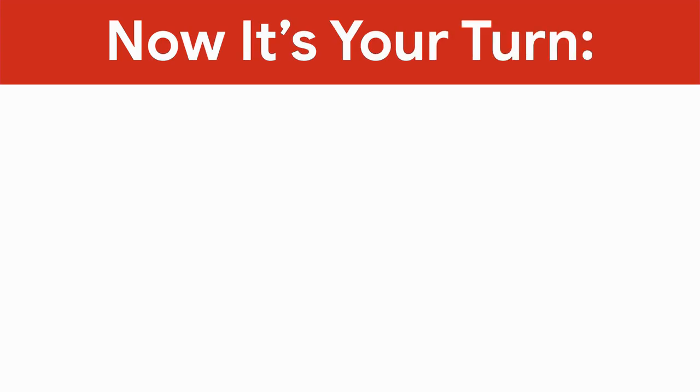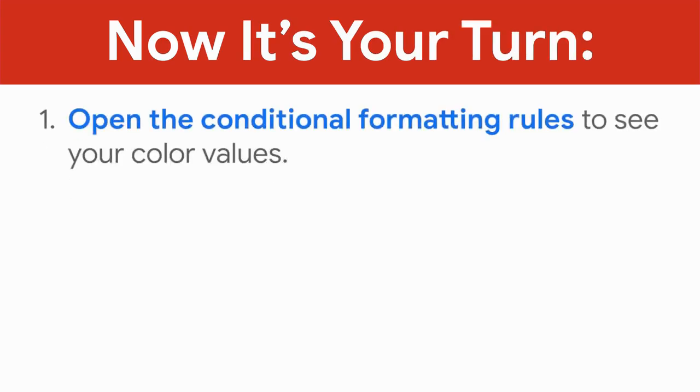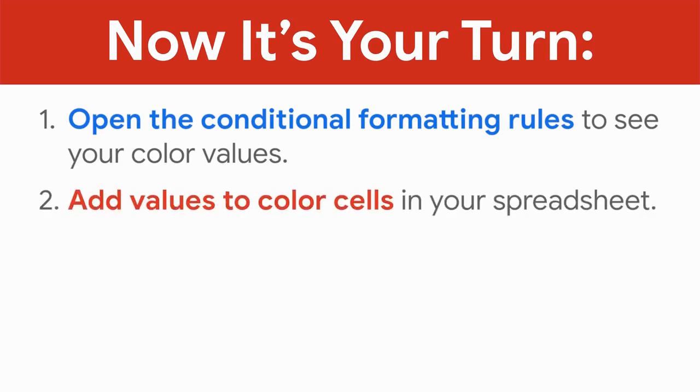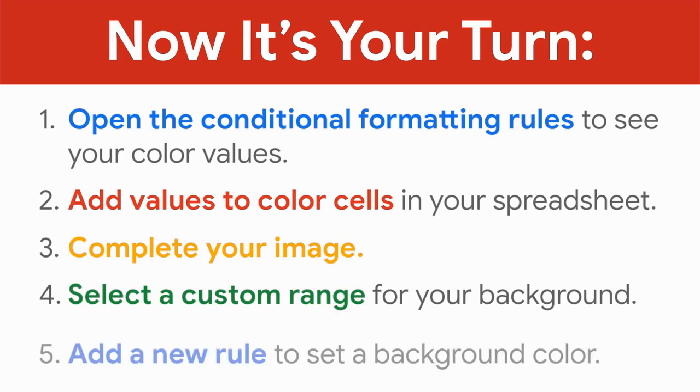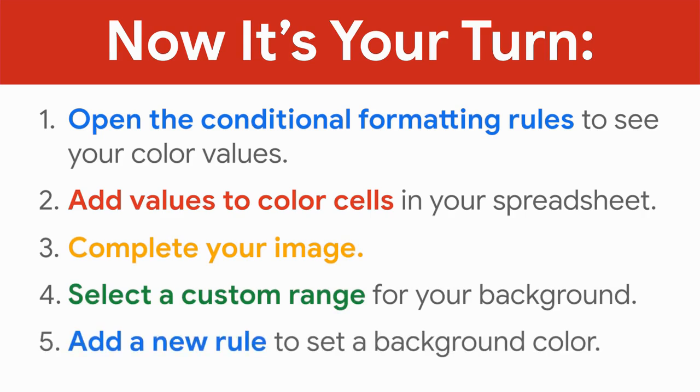Now, it's your turn. Open the conditional formatting rules to see your color values. Add values to color cells in your spreadsheet. Complete your image. Select a custom range for your background, and add a new rule to set a background color.